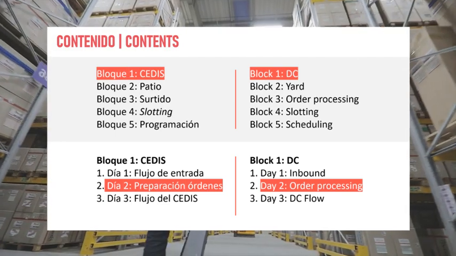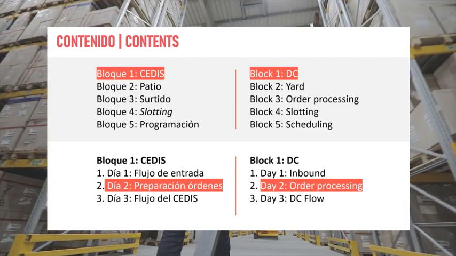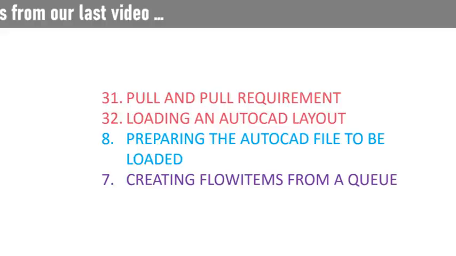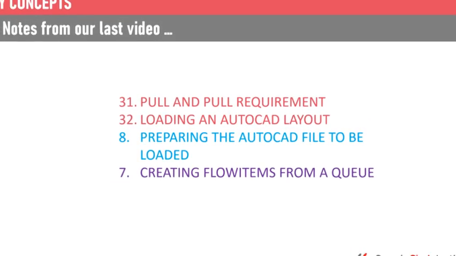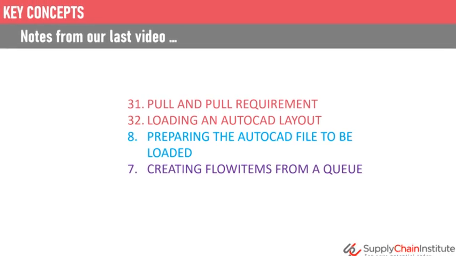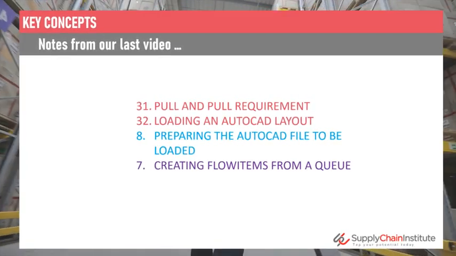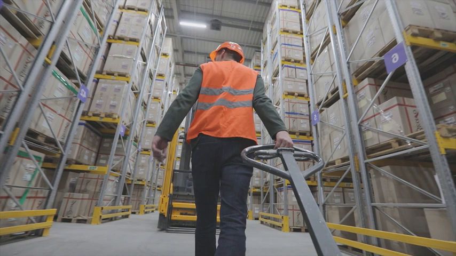In our last video, we learned how to create flow items from a queue without a source, how to pull specific items to a location, and finally, load an AutoCAD drawing as a layout for a background for reference.